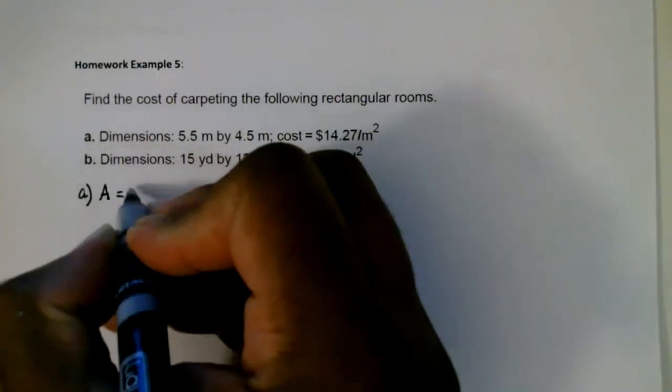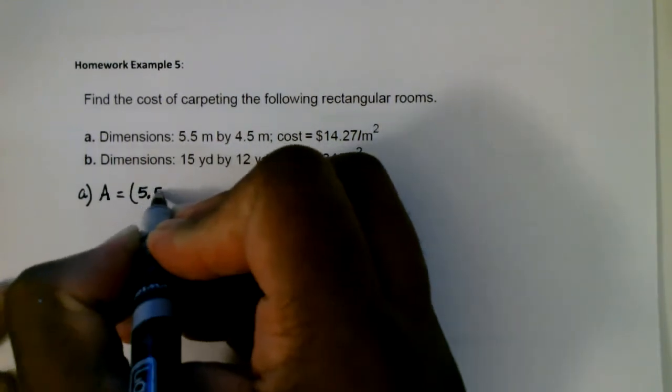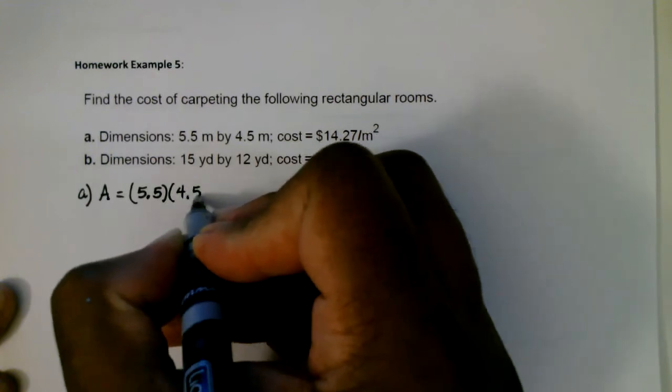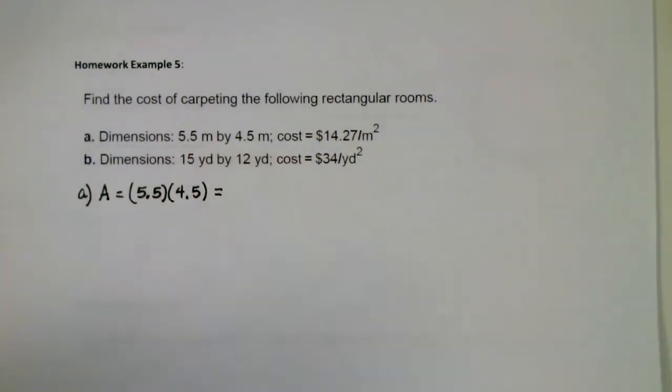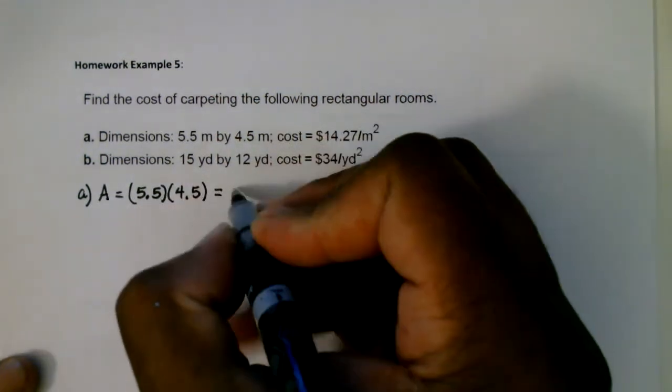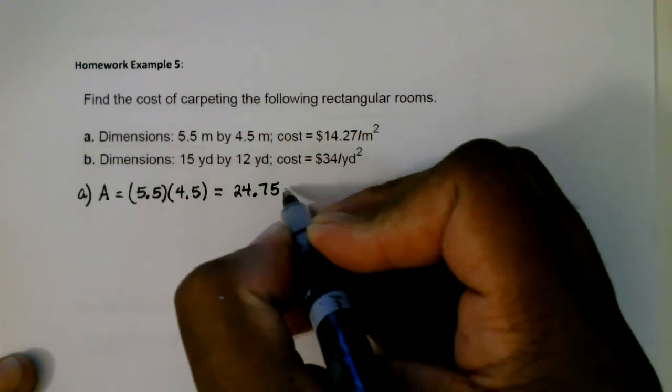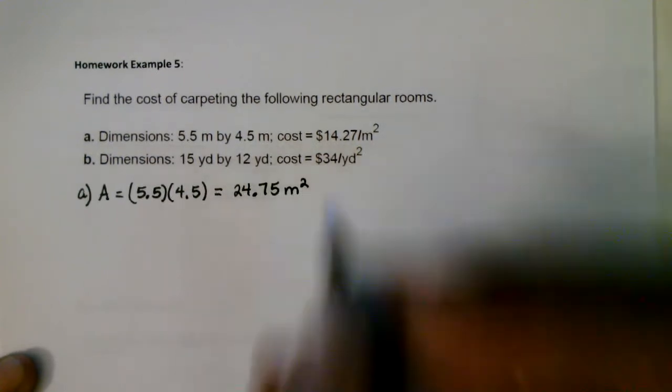That area will be the length, which is 5.5, times the width, which is 4.5. Now I'll put the units here as my final answer. So 5.5 times 4.5, that's 24.75, and this is in square meters.